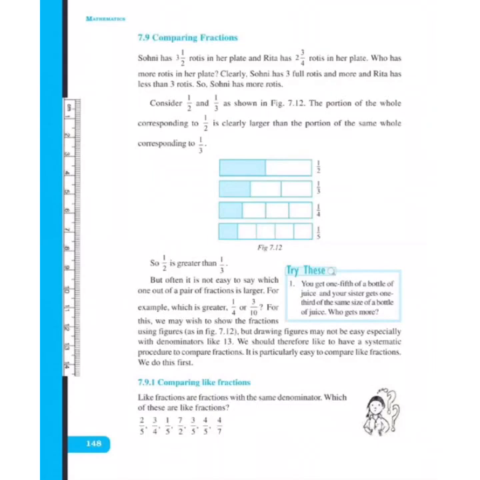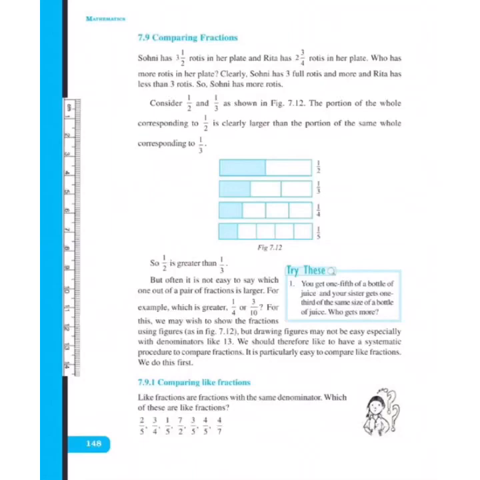Now children, if we take two fractions, that is 1 by 2 and 1 by 3, then which fraction is greater? Because the denominators are different, as 1 by 2 and 1 by 3 are unlike fractions, how will we know which fraction is greater? If we compare both the bars, you will notice that the bars are the same.